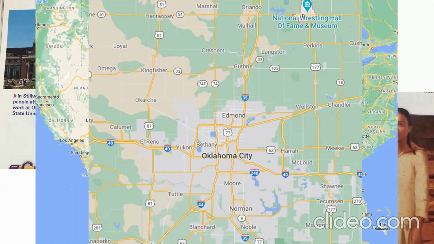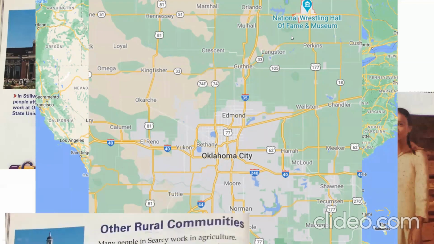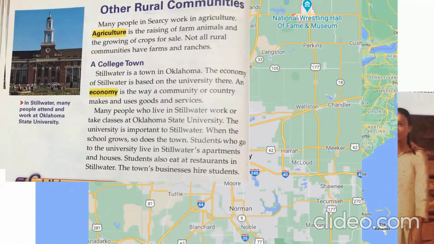So people who live here are going to make money again, by giving out their properties, apartments, and houses for rent to these students and catering to them at the diners where these students eat.